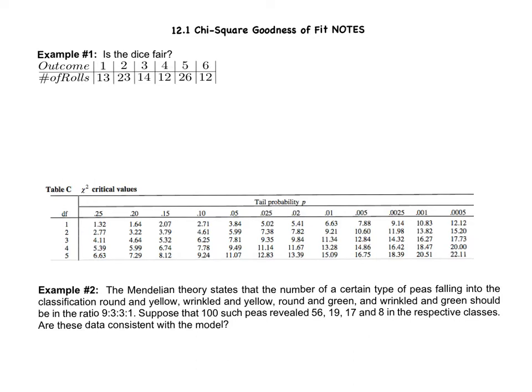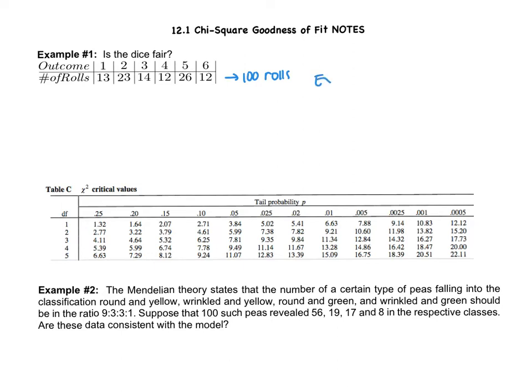Okay, number of rolls would be equal for each of the outcomes. Now, we recognize, though, that real life, that's not practical, right? It's not going to be exactly equal. So, first thing that we're going to want to do is figure out how many times did we roll this dice. So I'm going to add up those numbers. Okay, and I'm going to tell you that there are 100 rolls total.